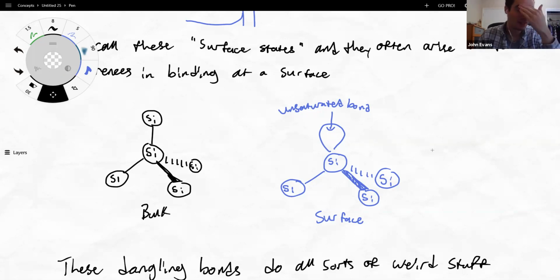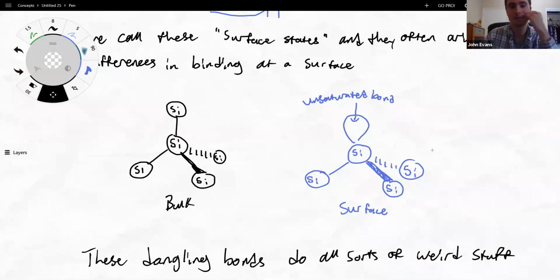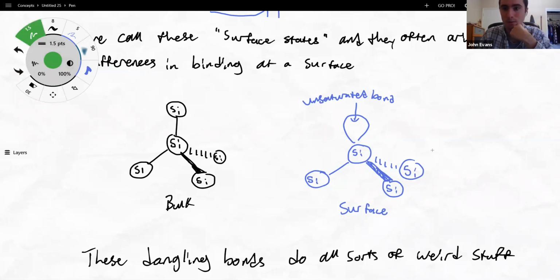The surface of a semiconductor does not behave the same as the bulk of it because the bonding is different, right? So for this example here with silicon in a bulk system, all the silicons are bound to 4 other silicons. Everyone's nice and happy. Everyone's got full bonds, but at a surface, somebody's got to lose. Somebody has to have a bond that's just sort of dangling out there.